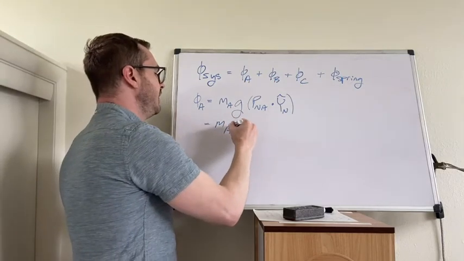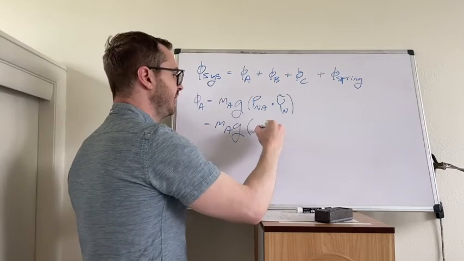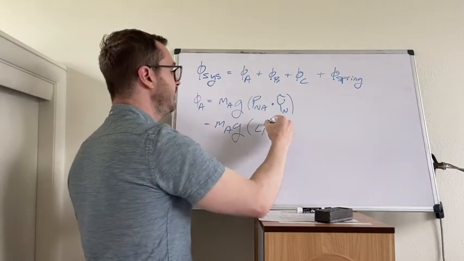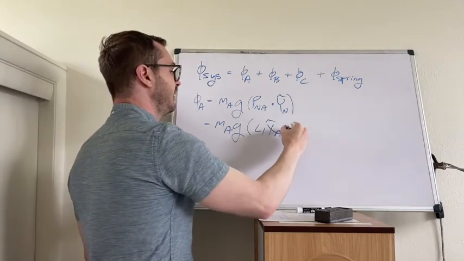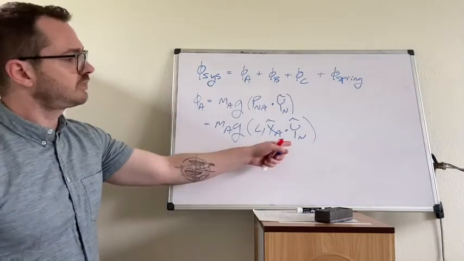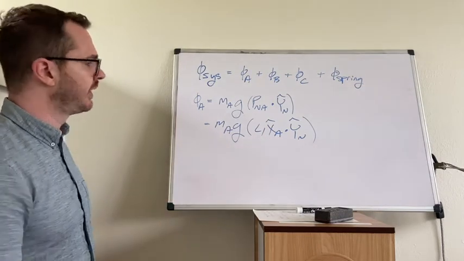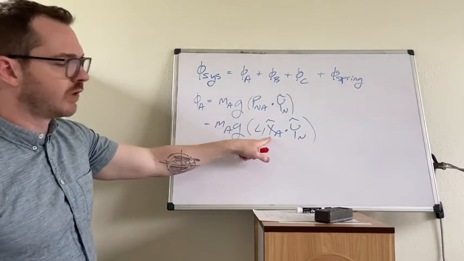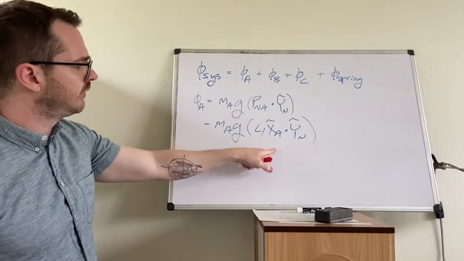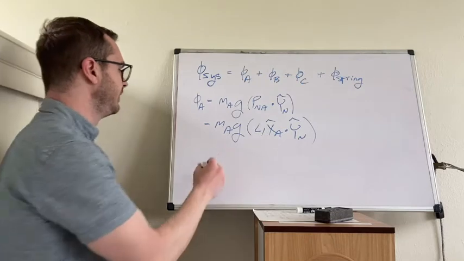So MA multiplied by G, we need P into A. This was L1 x hat A, and we're dotting it with y hat N. If you're going to do the dot product, you have to be in the same frame. We know that we can rotate the A frame. We could define this A frame in terms of the N frame using our standard rotations.